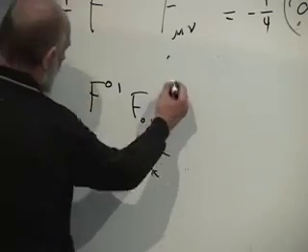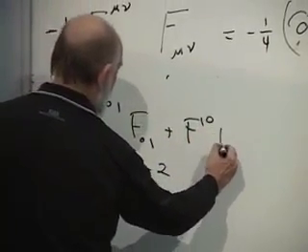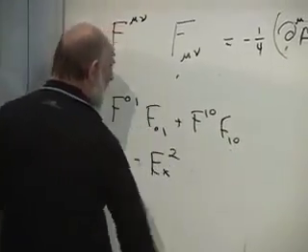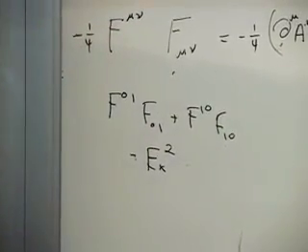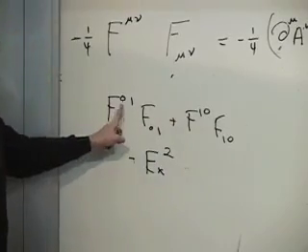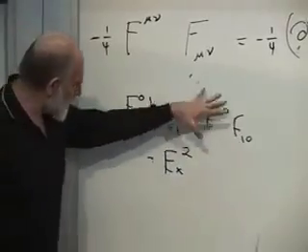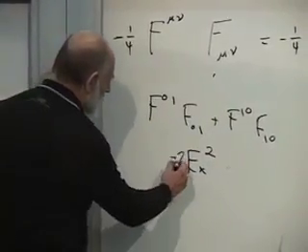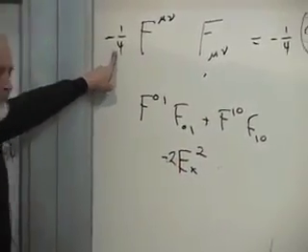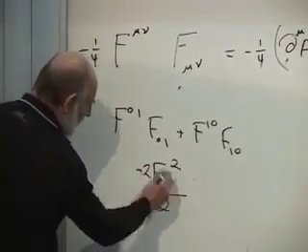Well, there's another term here, which is F1 naught, F1 naught. But that's exactly the same thing. Why? Because F1 naught is just minus F naught 1, so minus times minus gives the same. The two terms here just double this. The dividing by 4, that makes it divided by 2.